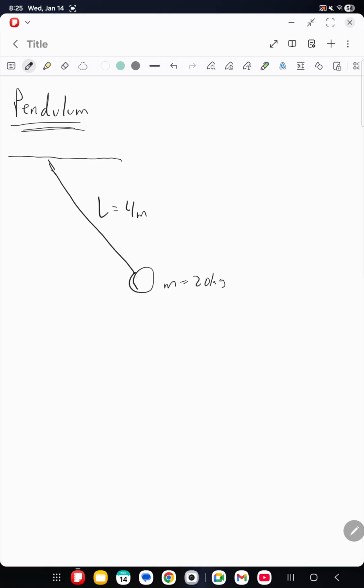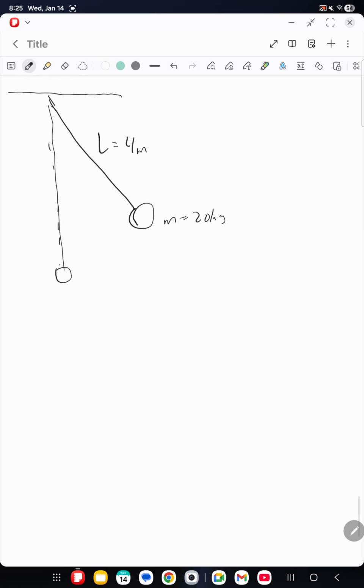So the lowest point will be maybe around here. The question we have is: what acceleration does she experience at the lowest point?